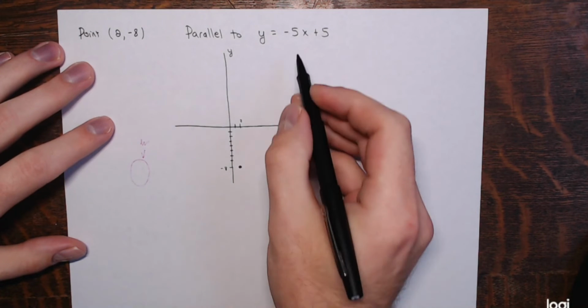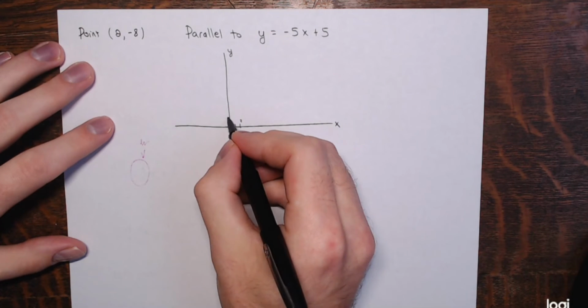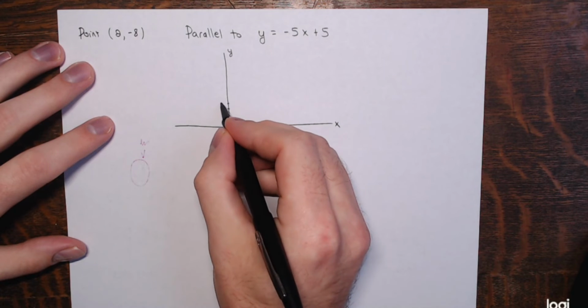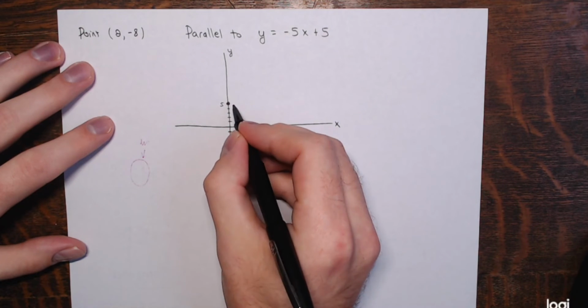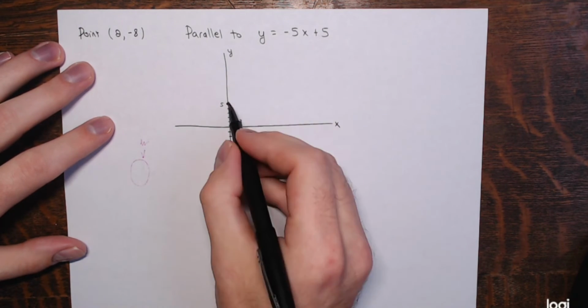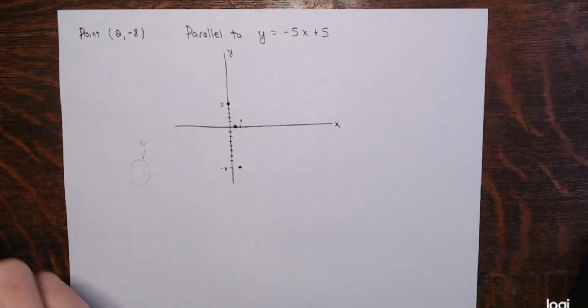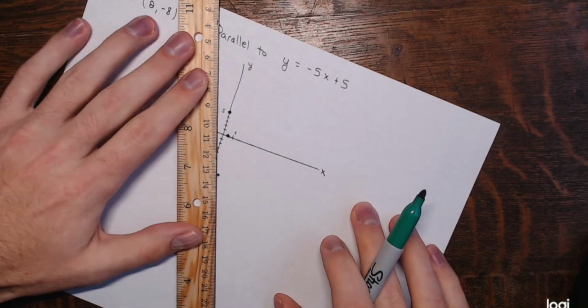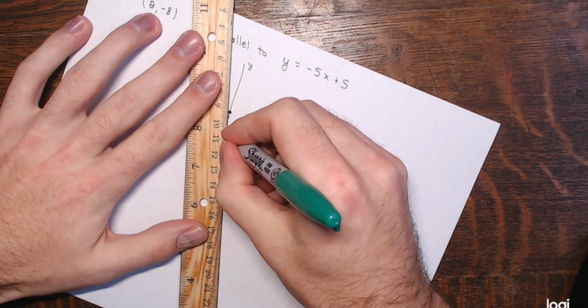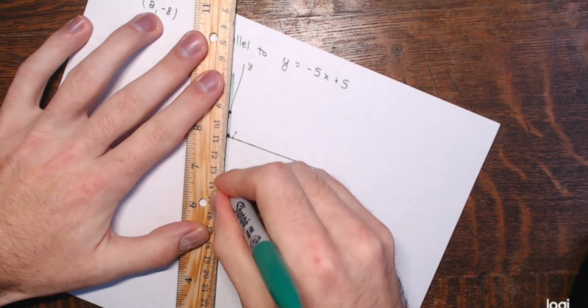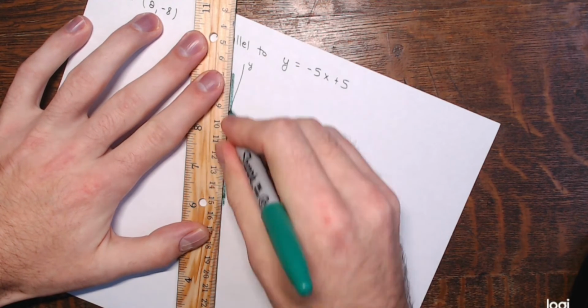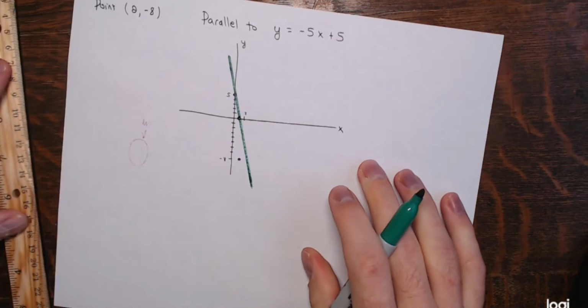Y equals -5x plus 5, that has a y-intercept of 5. So 0, 5, and a slope of -5. Meaning if I go to the right 1, I have to go down 5, right? So 1, 0 would be on that line. So here's the line they gave us, right? This is the line that they talk about here. Right, that's y equals -5x plus 5.